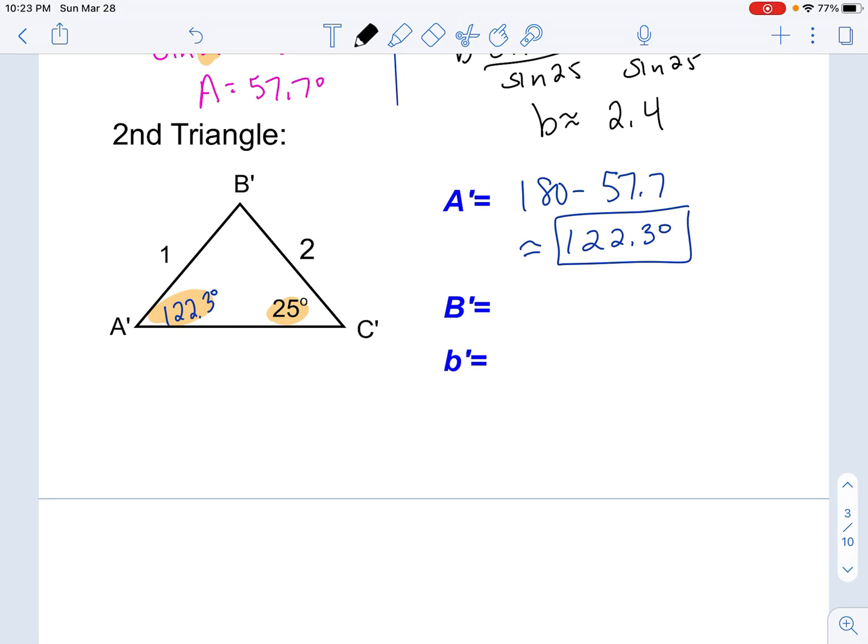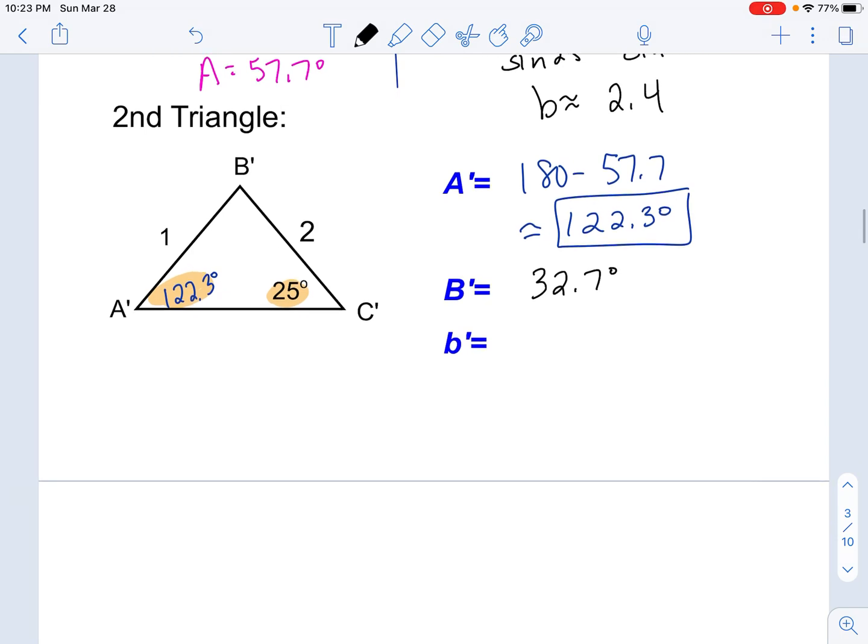So to find angle B, we've got two of the angles, so I just have to take 180 and subtract 122.3 and then also subtract 25. That gives me 32.7 degrees. And again, to find little b, we know this is side C and this is side A. I'm going to go ahead and use the original information that I was given, which was that full fraction of sine of 25.